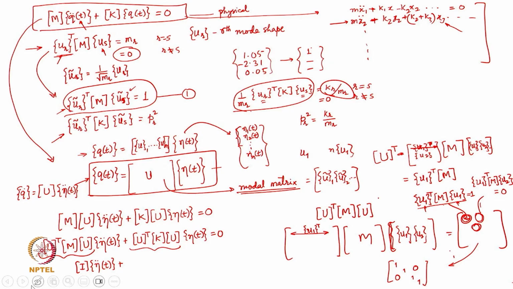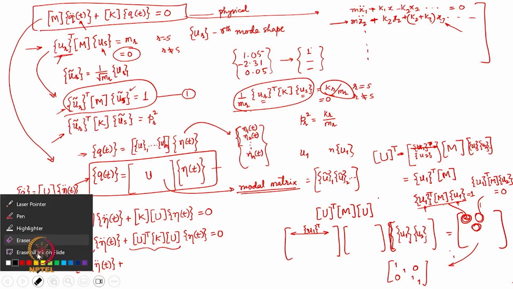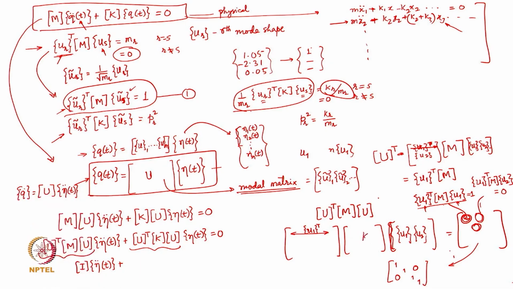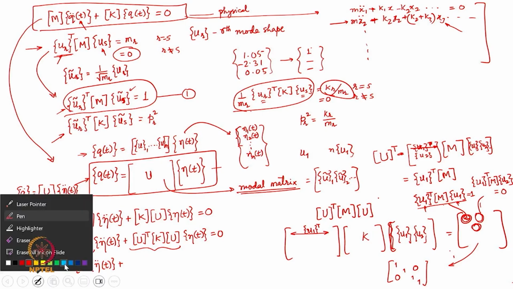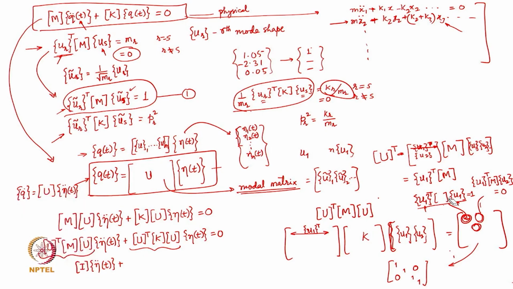Likewise, if you work this out the way we have done for the mass matrix, it is quite straightforward to show that if you use the K matrix now, this is going to be what?